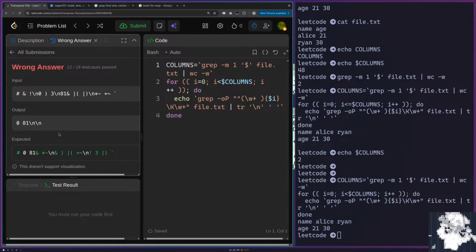Wrong answer. What is this? How do I read this input and output? I guess my definition of word doesn't count these kinds of characters.